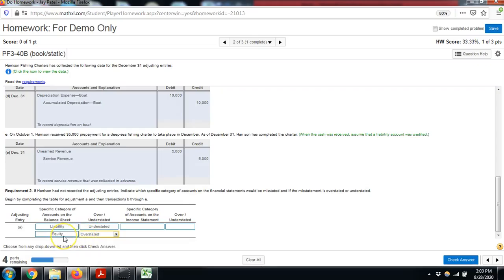So equity was too high, meaning your net income was too high, and your liabilities were too low. Okay, specific category of accounts in the income statement. So again, this is our expense was missed if we didn't do that adjusting entry, and the expense would have been understated because we did not include that expense.